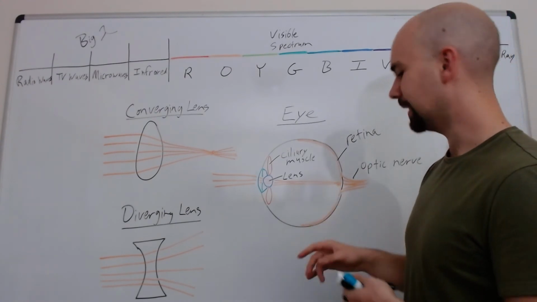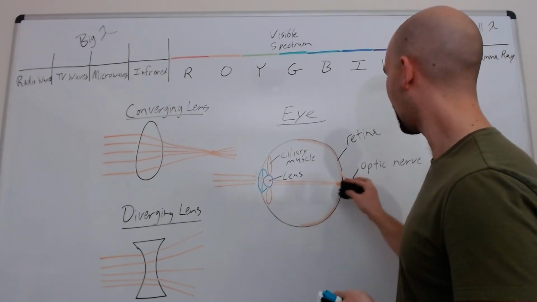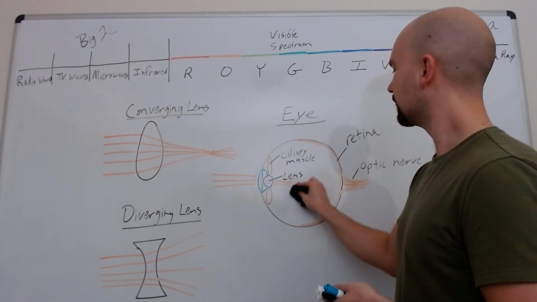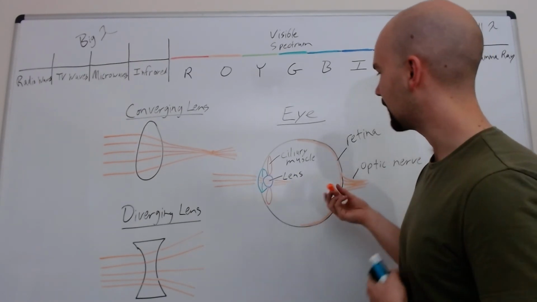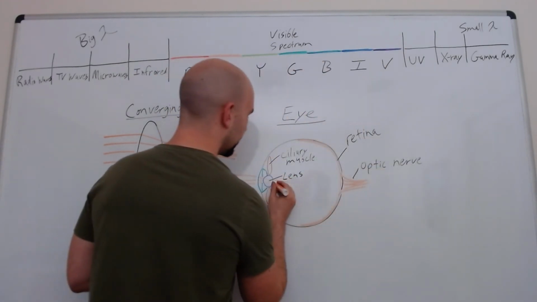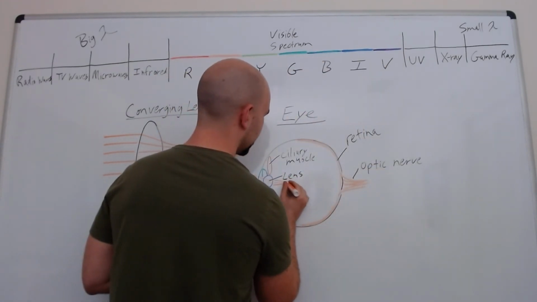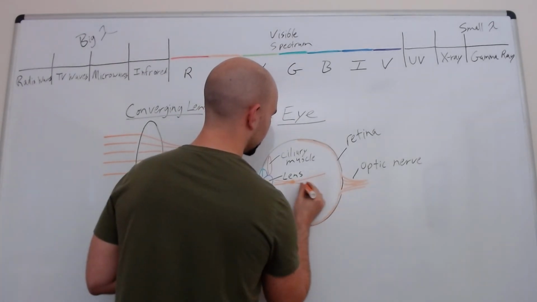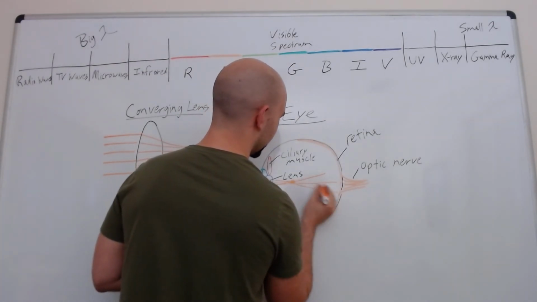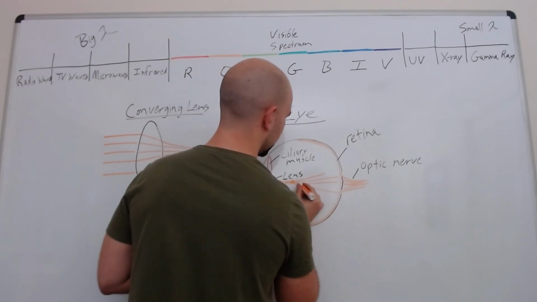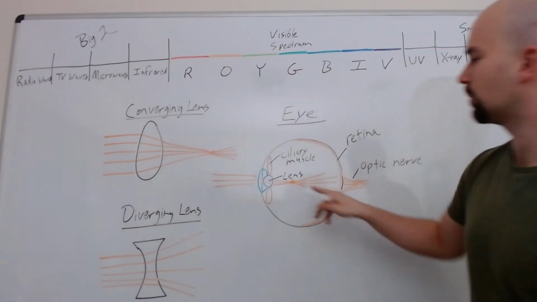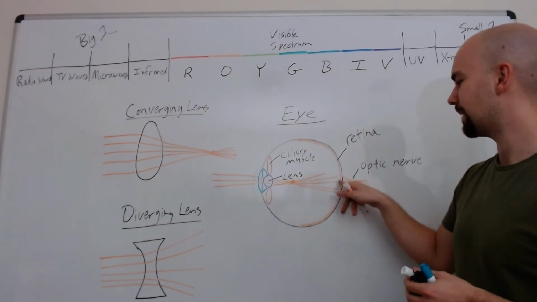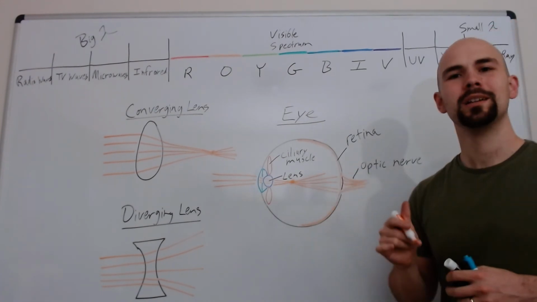So let's say something is going on where the light is coming through your pupil, and it converges, but the focal point, the place where it all comes together, is actually not reaching all the way back to your retina. What's going to happen then?